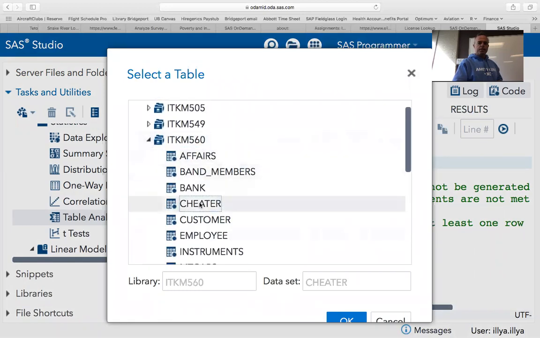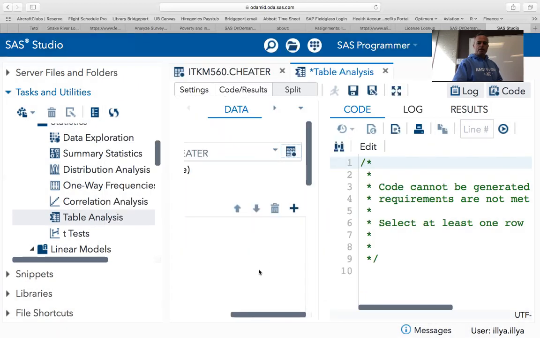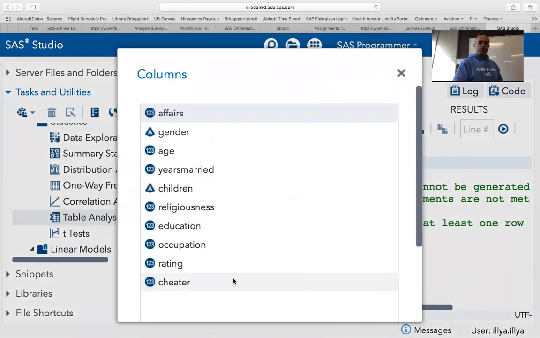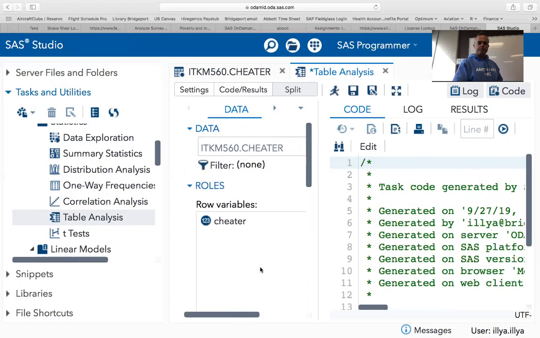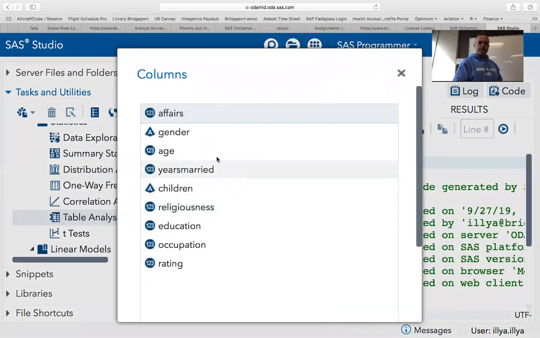I'm going to choose my cheater data set. Click OK. Okay. Now, for the rows, that means that we're going to want cheater. And for the columns, we're going to have gender.